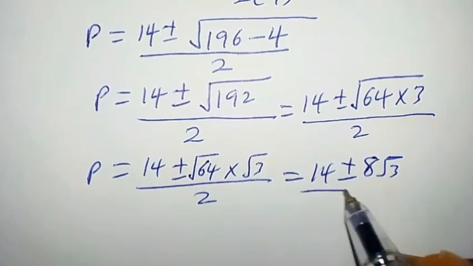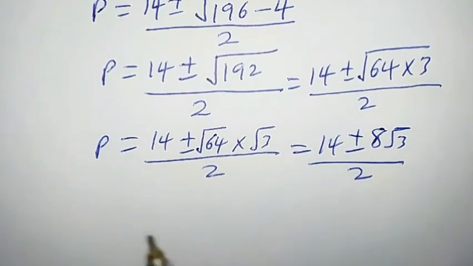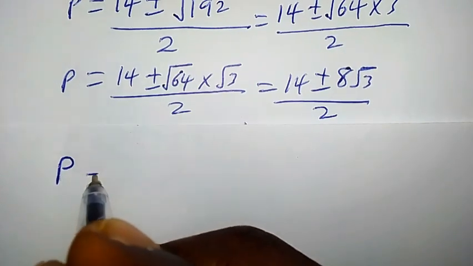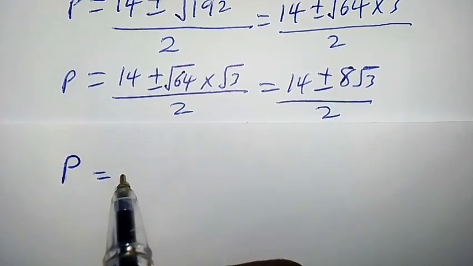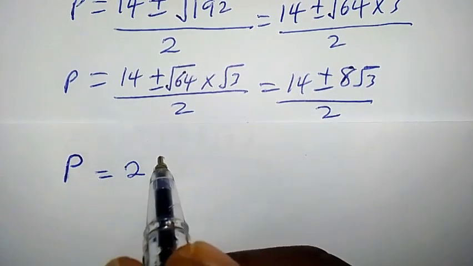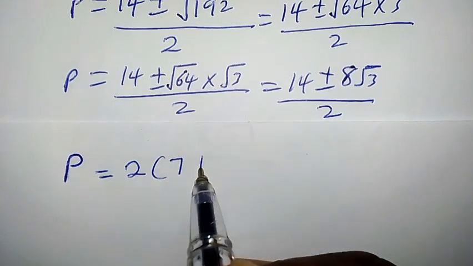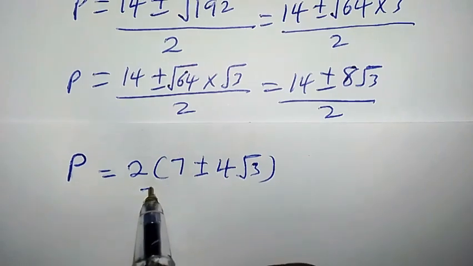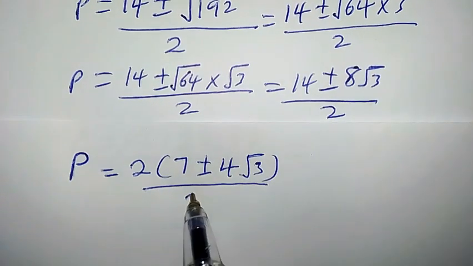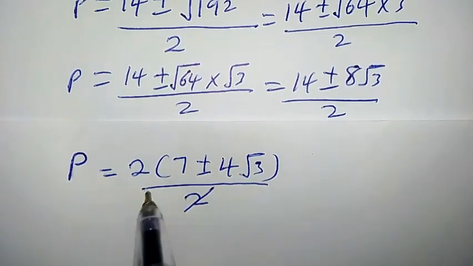So P is equal to, it is possible to factor out 2 from these two terms. So we are going to have 2 into 7 plus or minus 4 times square root of 3, all over 2. Clearly, 2 cancels 2.